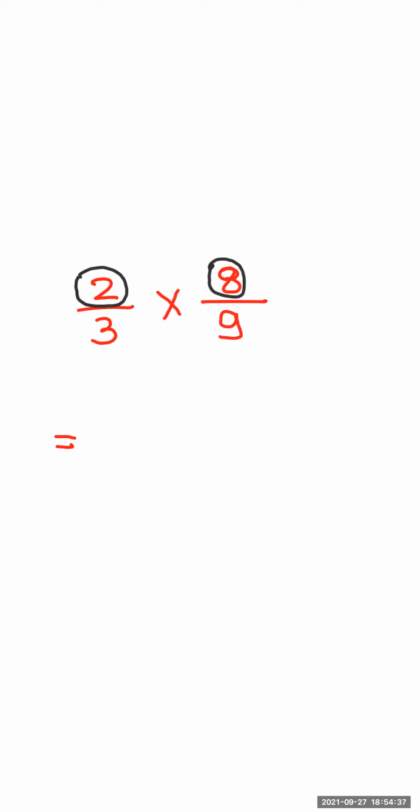But guys, we will never simplify two numbers on the numerators or two numbers on the denominators. Simplify only one number from the numerator and one number from the denominator. So always simplify a number from the denominator with a number on the numerator. I mean, a number from top and a number from bottom.